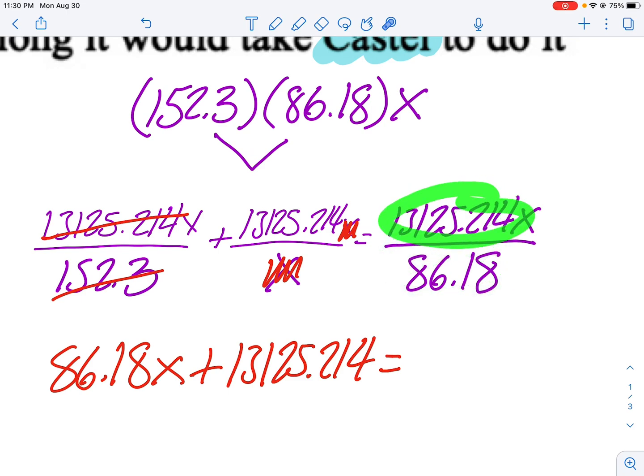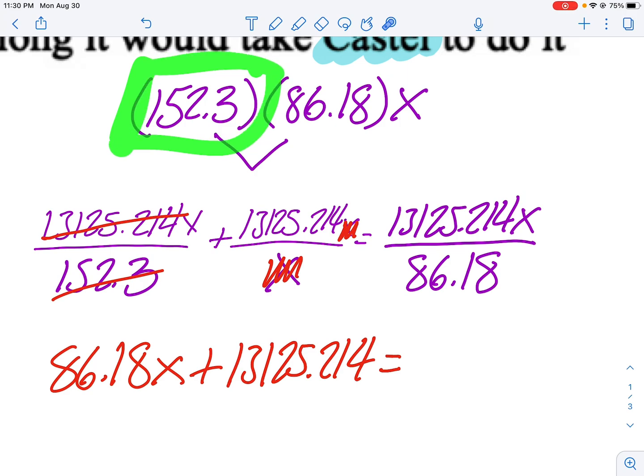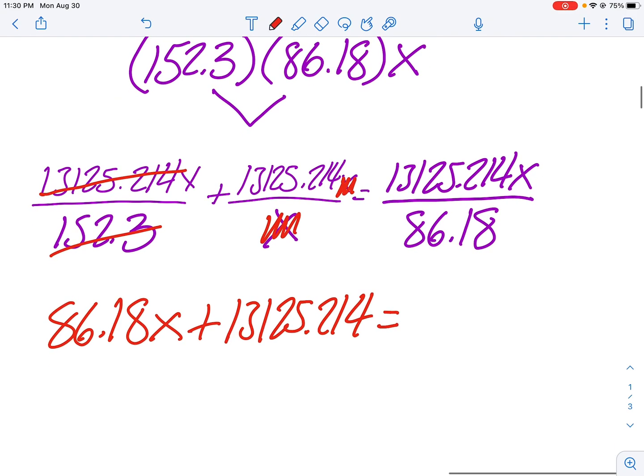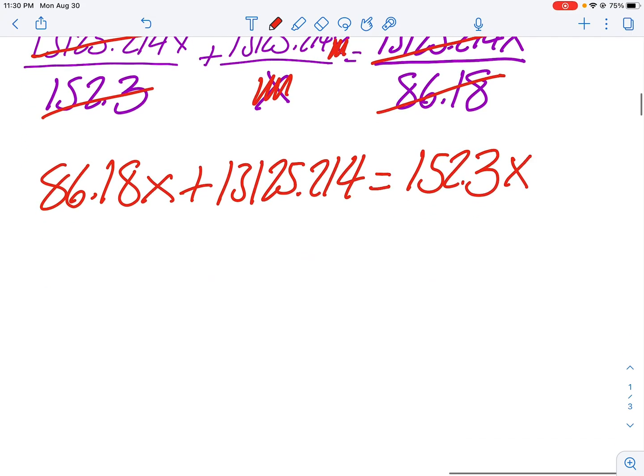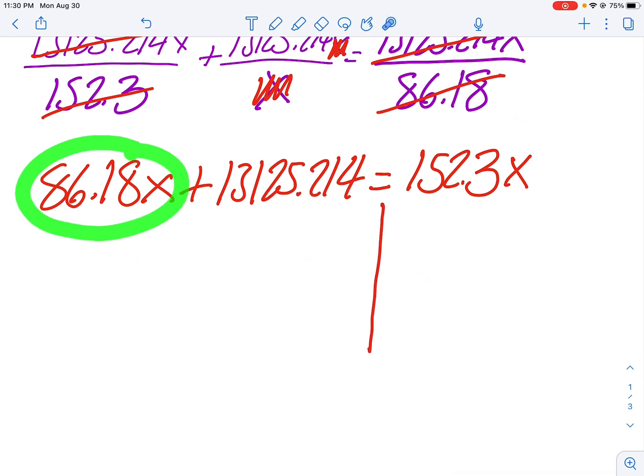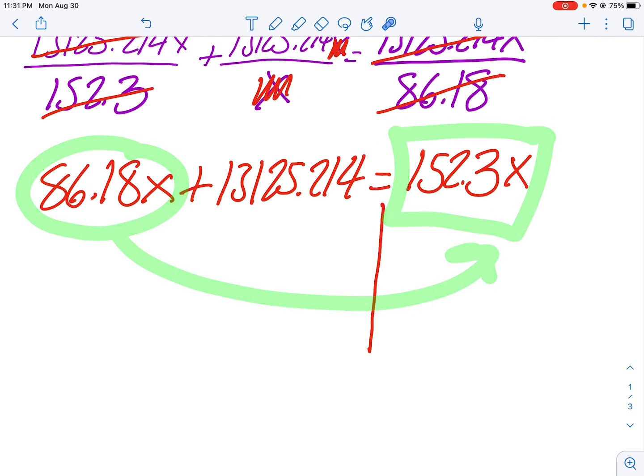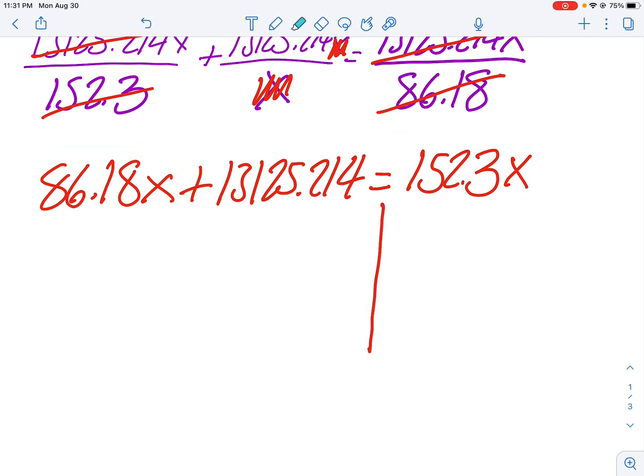Going backwards, that divided by that gives us 152.3, and we must bring down the x. So we must move this x over to this x.